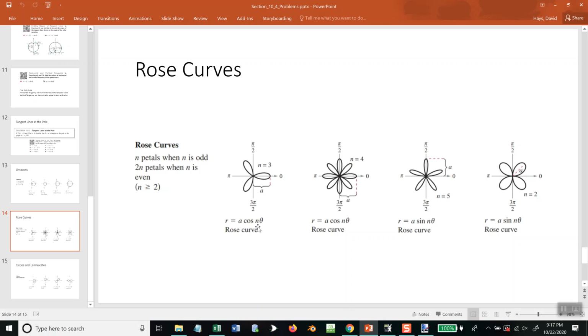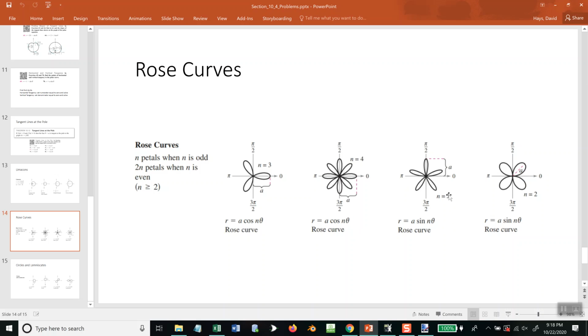So if I have 3 theta, I'll have 3 leaves. If I have 5 theta, I'll have 5 leaves. If I have 7 theta, I'll have 7 leaves. If it's even, like n is 4, like you got 4 theta, you have double the leaves. So you have 8 leaves. So if you had a problem that was 16 theta, how many leaves would you have? Double it. 32. So you'd have 32 leaves.